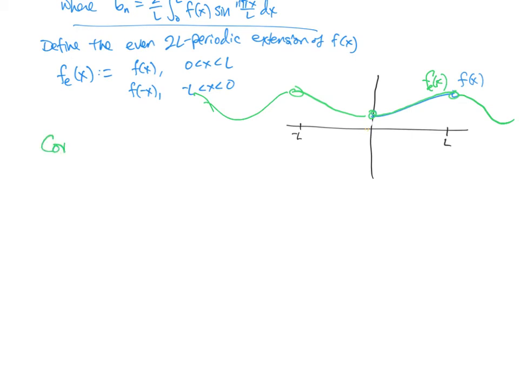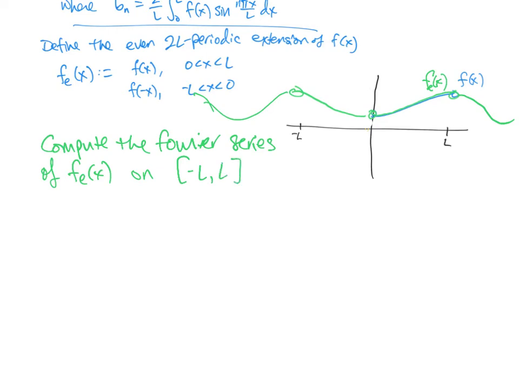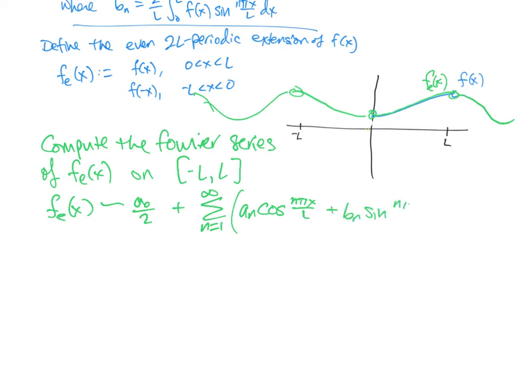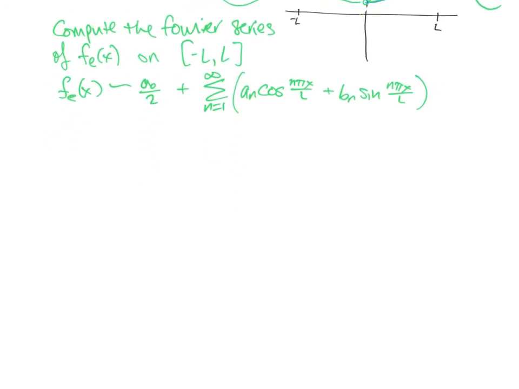So now we'll compute the Fourier series of fe of x on negative L to L. So that would be fe of x associated with a naught over 2 plus sum n equals 1 to infinity a n cosine n pi x over L plus b n sine n pi x over L. And we know what these coefficients are given as.